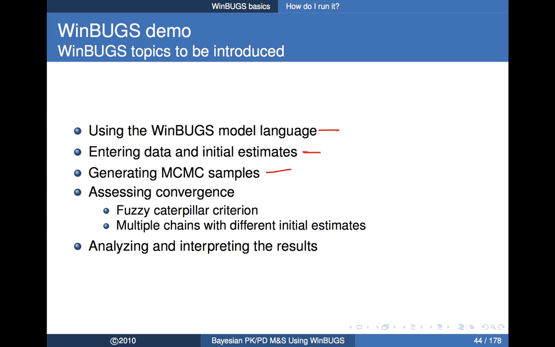So the idea is you have to get enough samples to actually characterize that distribution. In simplest terms, you can think of this as essentially constructing a histogram that describes the posterior density for your various model parameters and for your predictions. And that's really what's going on here.